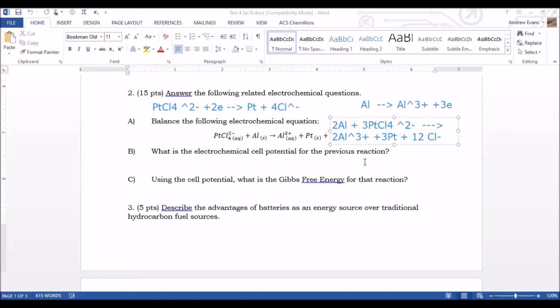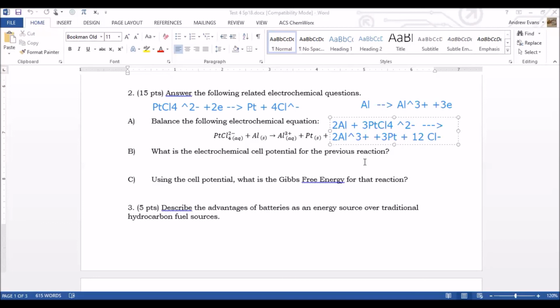Now, what is the cell potential for this previous reaction? So I'm going to look that up on my table. Once again, this is in a textbook that I have here laying over here. But Wikipedia, if you look at standard cell potentials, or your online textbook, I'm going to look at what's platinum.